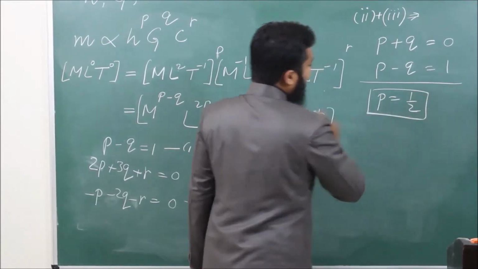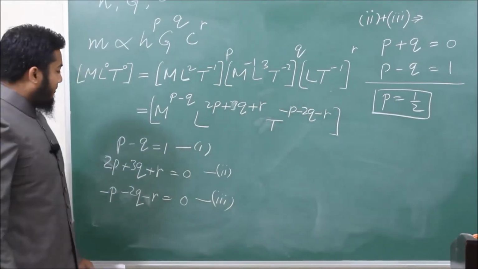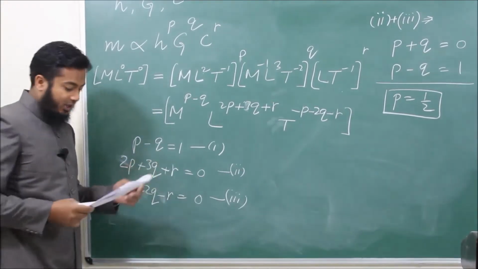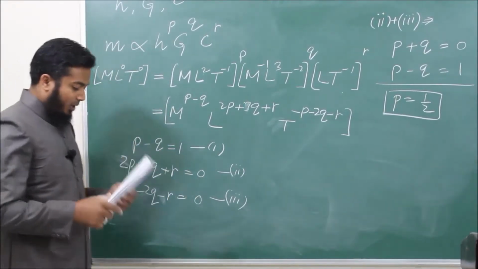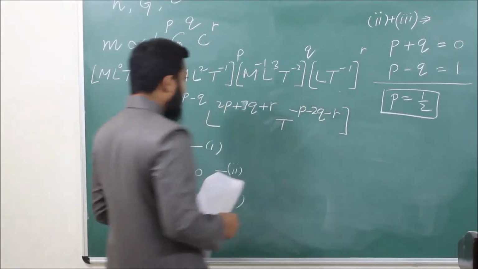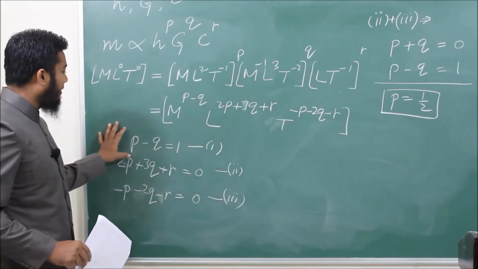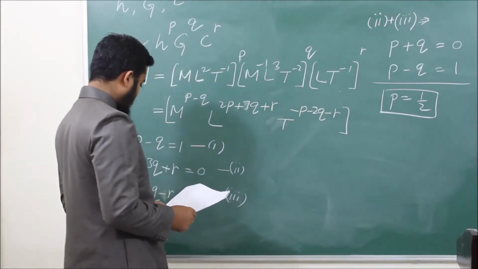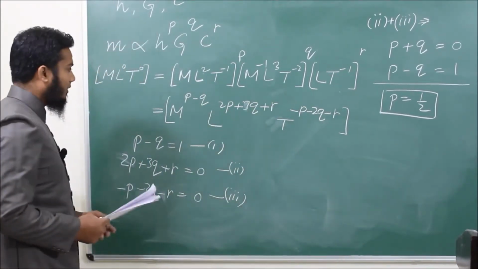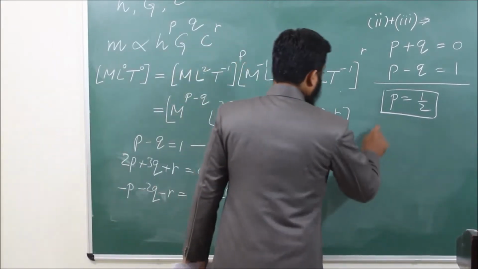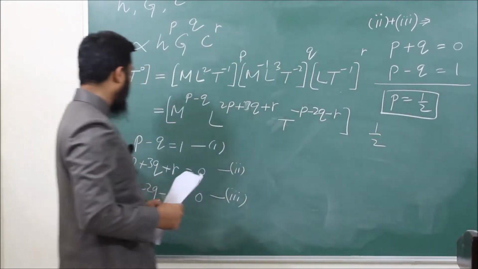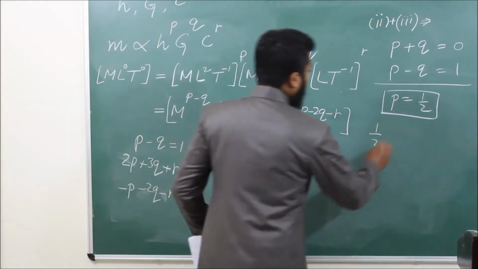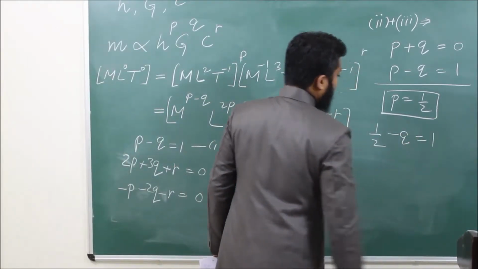So you found the value of p. Now if I write the value of p in equation 1, p is half, and minus q, and this is 1.